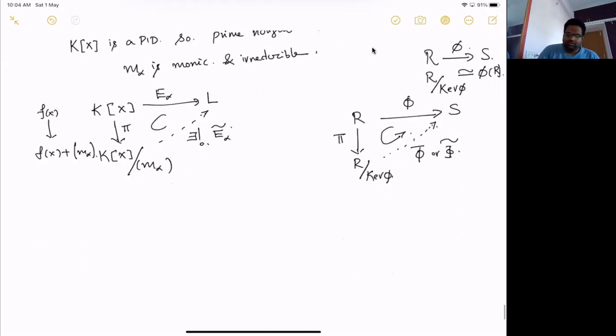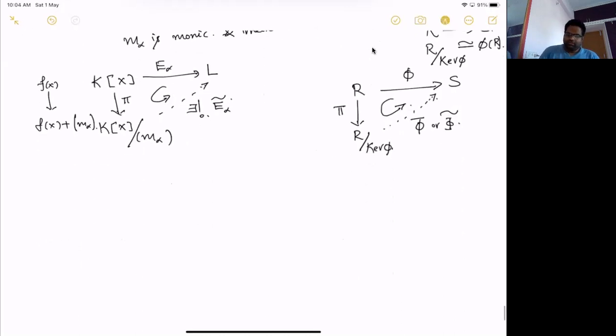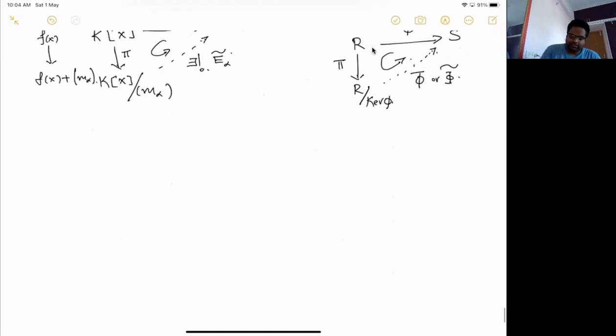Okay. So from this, the next theorem says the following. The image of E alpha tilde is equal to K of alpha.